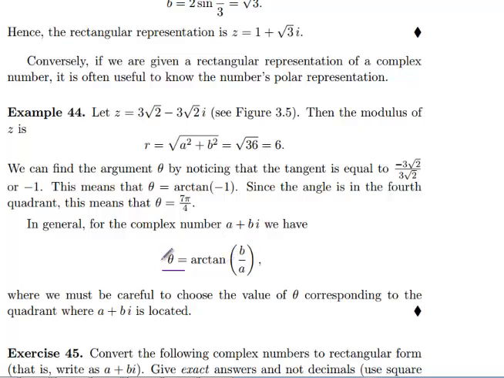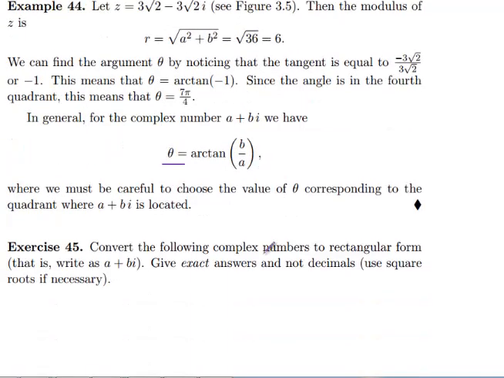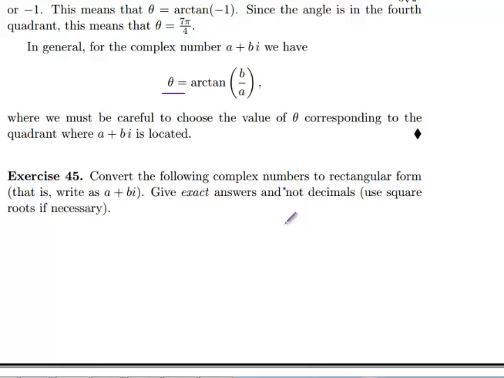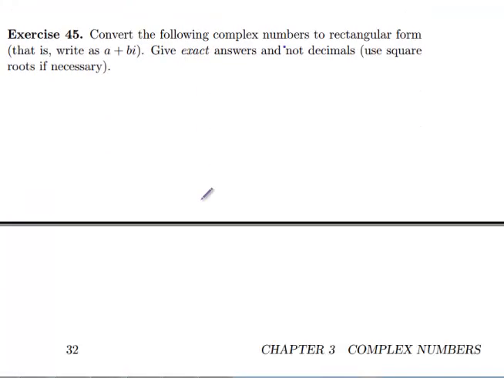You can prove this simply by drawing the triangle and seeing that the tangent of the argument is equal to b over a. Okay. So if you want to do these problems to convert from polar form to rectangular form, you can use trigonometry.